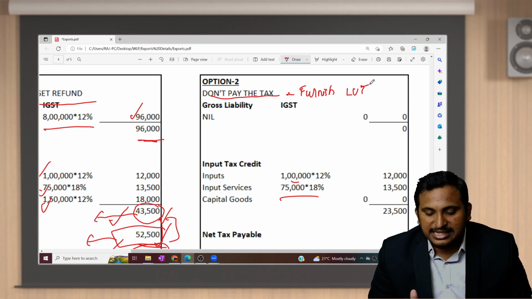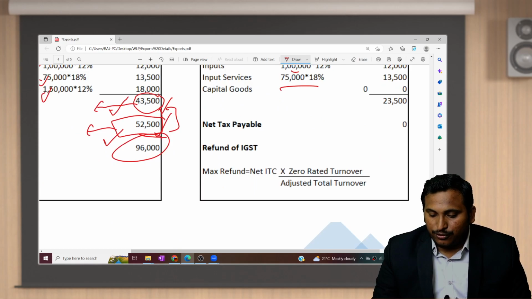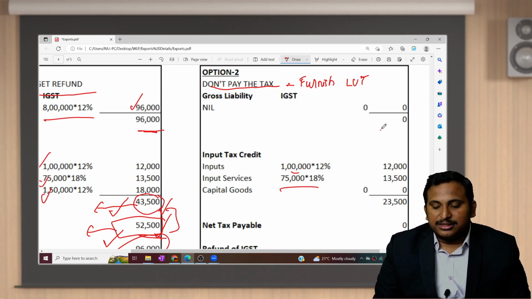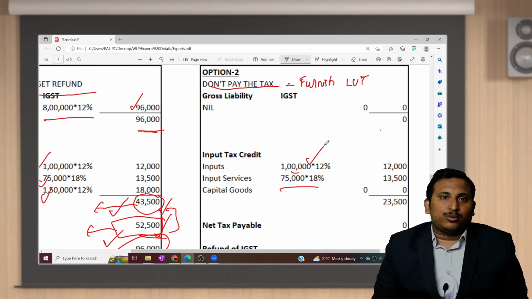So this is called the second option, where you will not pay the tax. In the second option, if you observe, tax will be nil, sir. Then input tax credit, that means at the time of purchase you might have got some input tax credit, no? Yes or no? Maybe on 1 lakh you will get 12%.